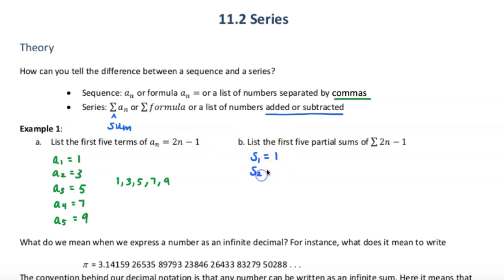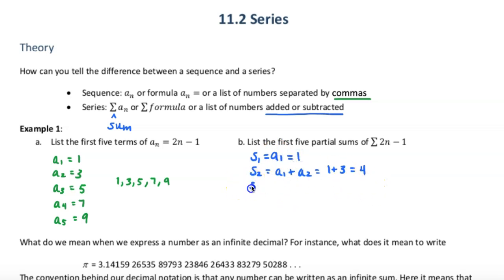Now S sub 2 is the first value plus the second value. We're finding the sum of the first 2 terms. So this is A1 plus A2, which is 1 plus 3, and we know that's 4. Let me make it clear that S1 is just A1, which is 1.